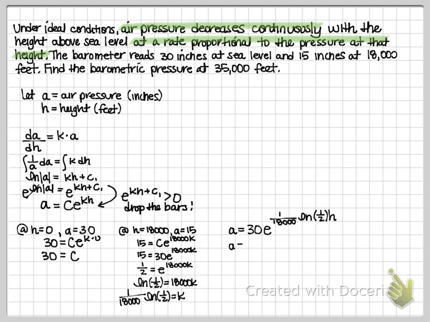So I'm going to go ahead and just plug in the 35,000 feet. And I'm just going to type it in. So if I type this in, now this works out to be approximately 7.7944 inches of pressure at a height of 35,000 feet.